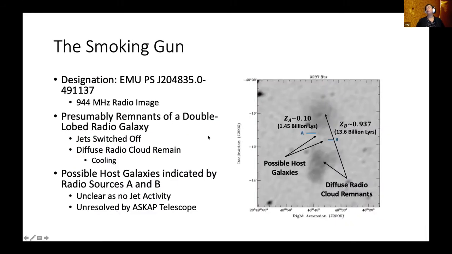They think the most likely candidate galaxy from where these originated is this one at redshift 0.1, which is 1.5 billion light years away. So light takes 1.5 billion years to get to us.